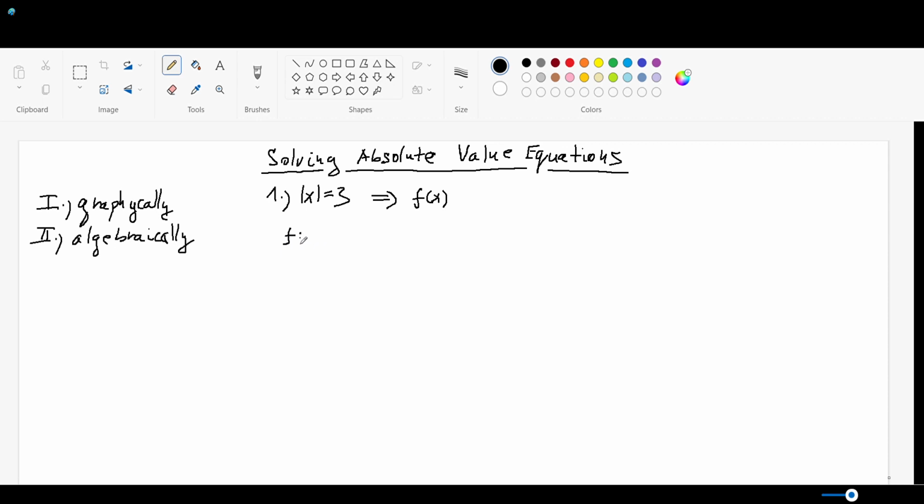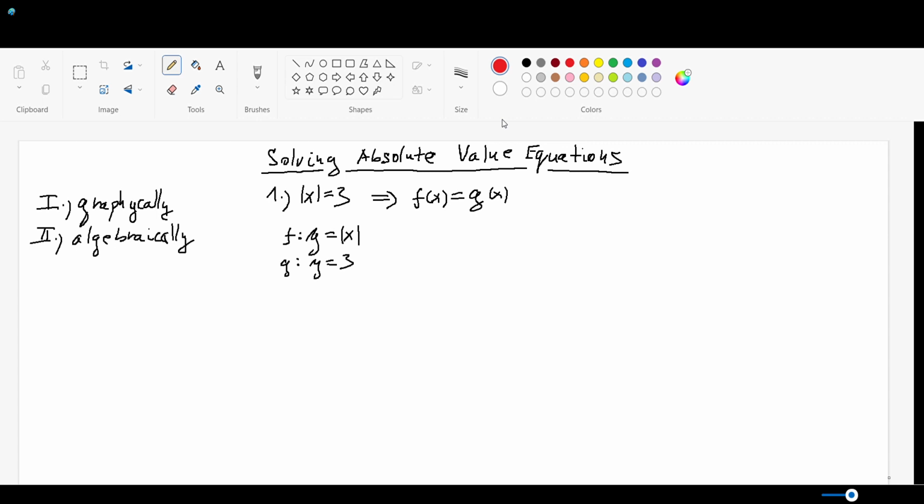In our equation, this function is defined by y equals absolute value of x. The right side of the equation also represents a function. Let's call it g of x, defined by y equals 3, which is a constant function.